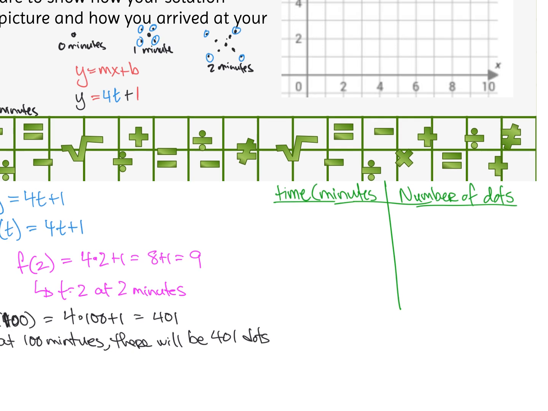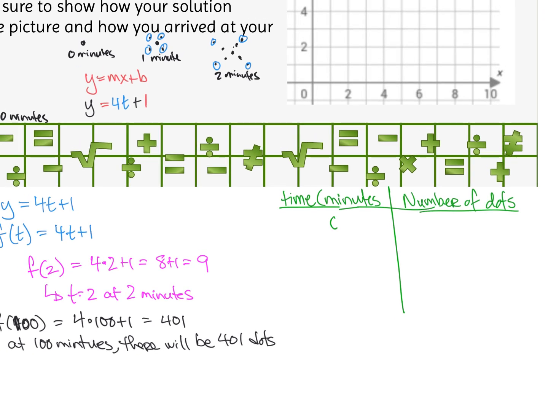So we start at 0 minutes. That's our beginning part. How many dots do we have at 0 minutes? We have 1. And after 1 minute, how many dots do you have? You can count those, or you can use the equation. If you look at it, we have 1, 2, 3, 4, we have 5. We talked about 2: at 2 minutes, there are 9.